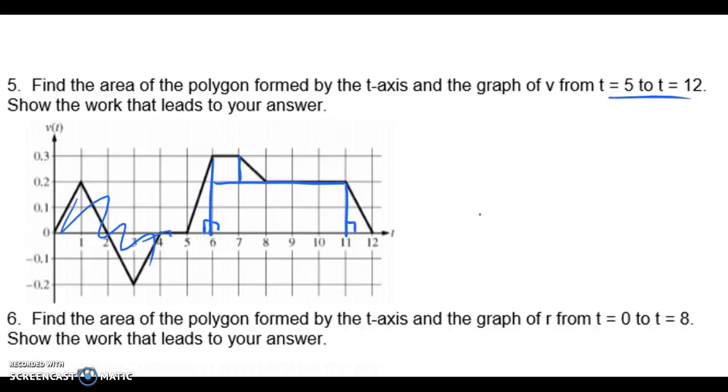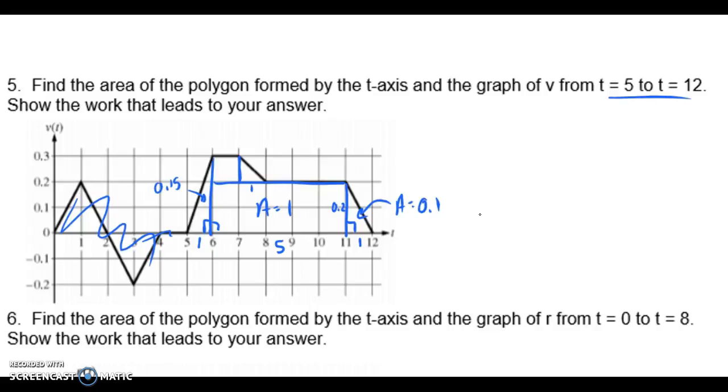Notice that our scale down here is by 1s, and our vertical scale is up by 0.1s. That's a key distinction here. So we've got 1, 2, 3, 4, 5, and a height of 0.2. So the area of that is just 1. Here we have a base of 1 and a height of 0.2. So that area is 0.1. Here we have a base of 1 and a height of 0.3, so it's 0.15 for that area, 1/2 base times height.